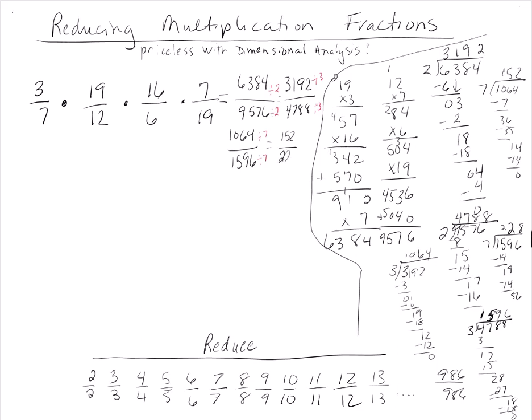And that answer is 228. Let's go ahead and keep reducing, and you may not see this right away, but 19 comes out of the top and bottom. So I'm going to come over this side. The answer is 8. And then 228 divided by 19.